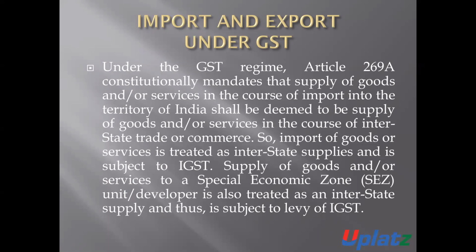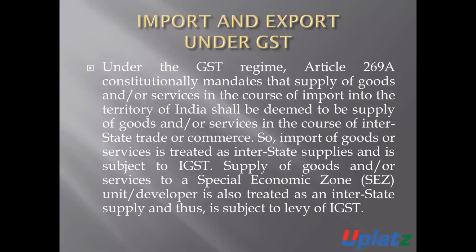Normally, interstate supply means when the location of the supplier and the place of supply are in different states or different union territories, or one is in a state and one is in a union territory.